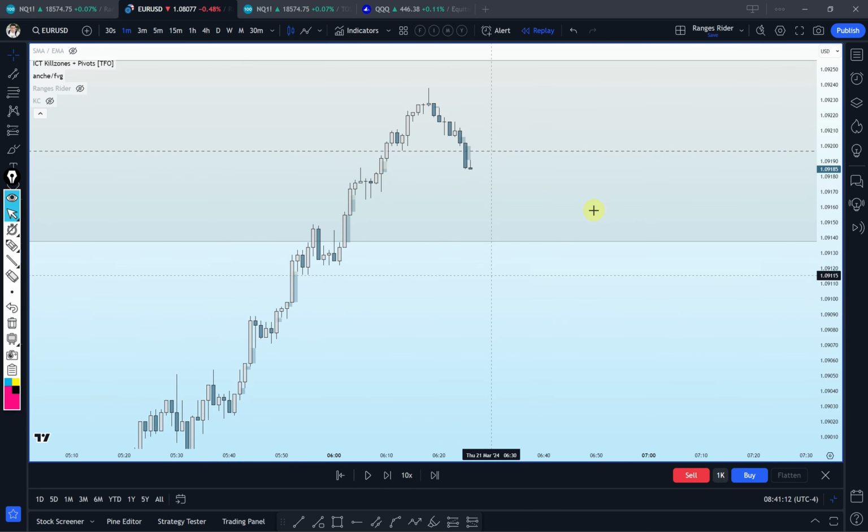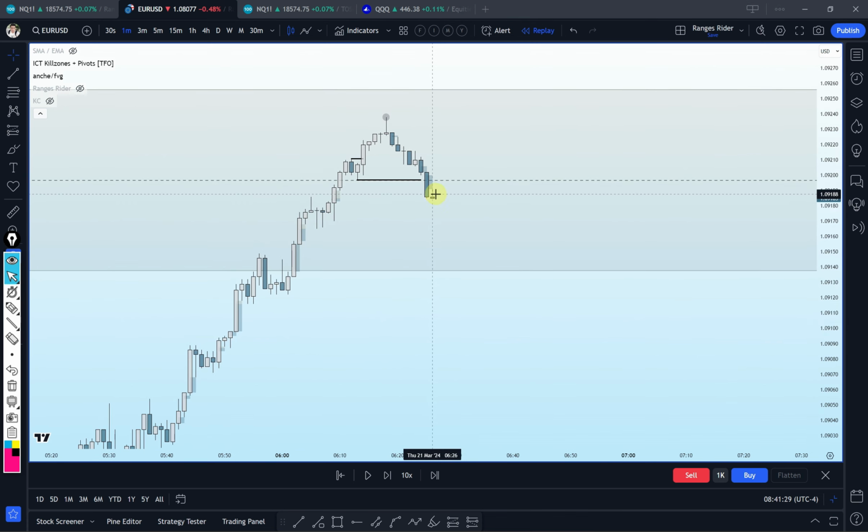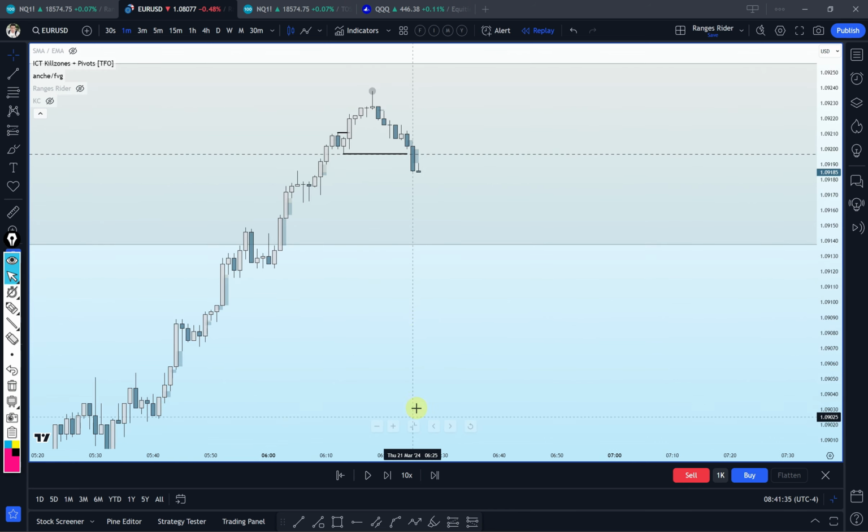And finally we got the QM, right? So this is our first QM, and this is a strong high. What we are looking for is a weak low.